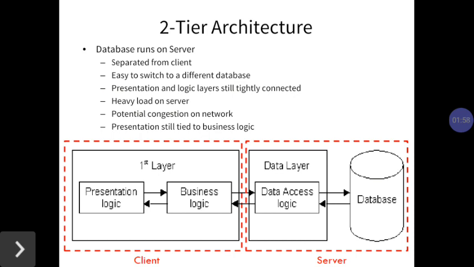Presentation and logic layer are still tightly connected, with heavy load on the server and potential congestion on the network. The presentation and business logic are tightly coupled and the data layer is separated. So the entire data layer management can be done separately, but still the problem is that presentation and logic are tightly coupled.